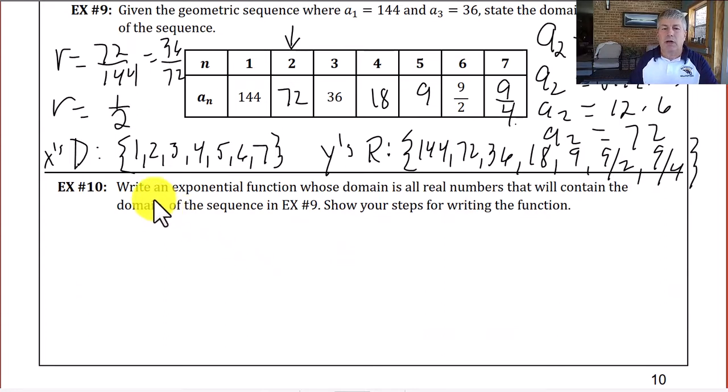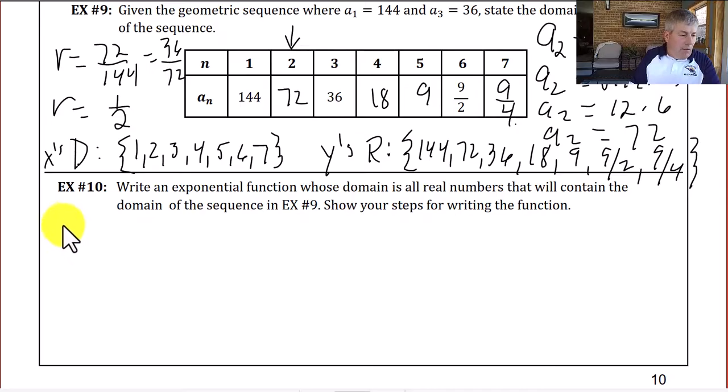In example 10, we want to write an exponential function whose domain is all real numbers that will contain the domain of this. So we're going to use example 9, and we're going to write this in function form. That includes all x's and all y's.